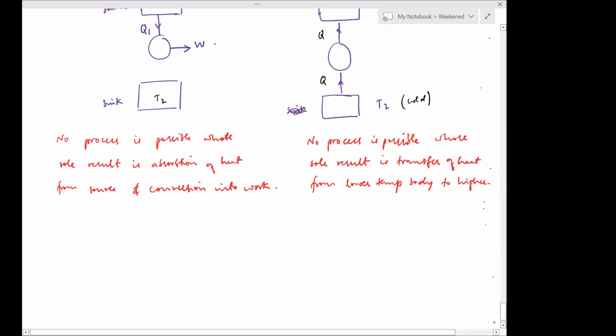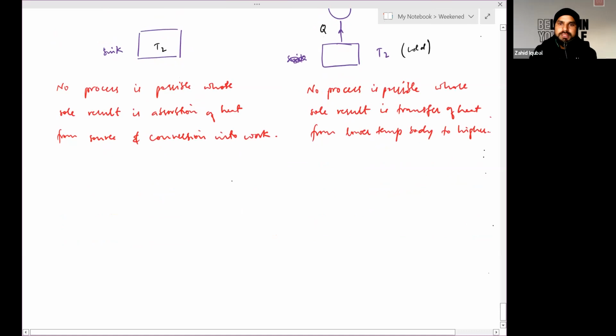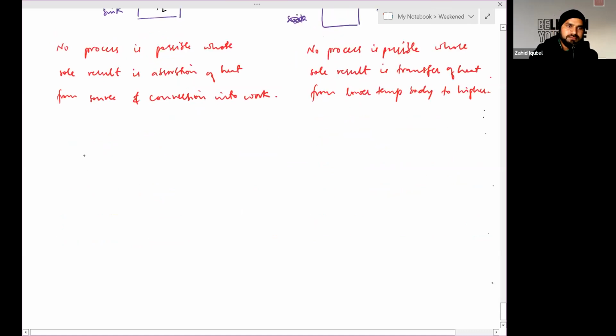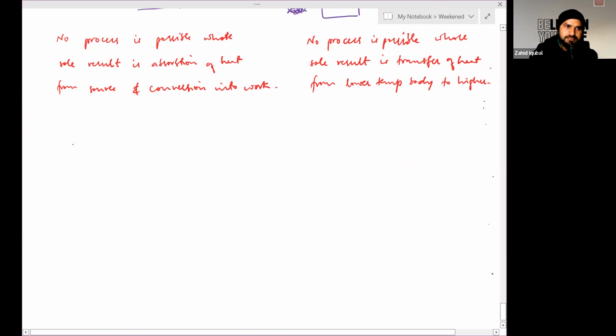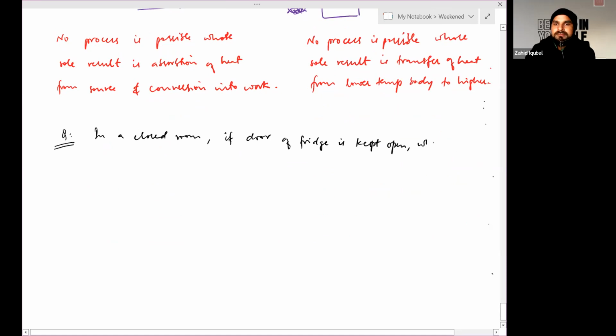Okay. There will be a question related to this refrigerator or heat pump. In a closed room, if door of fridge is kept open, what will happen to temperature of surrounding?